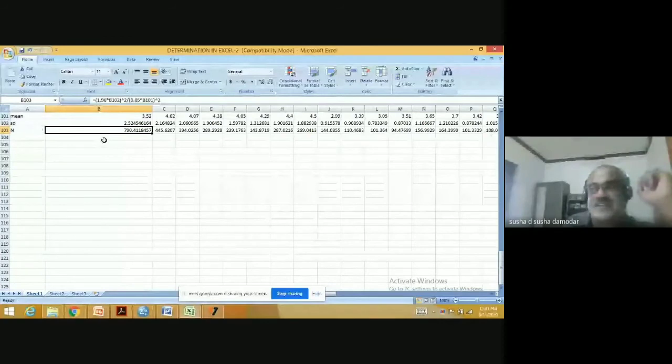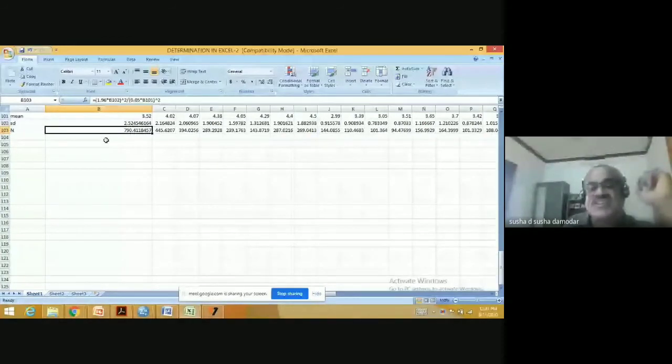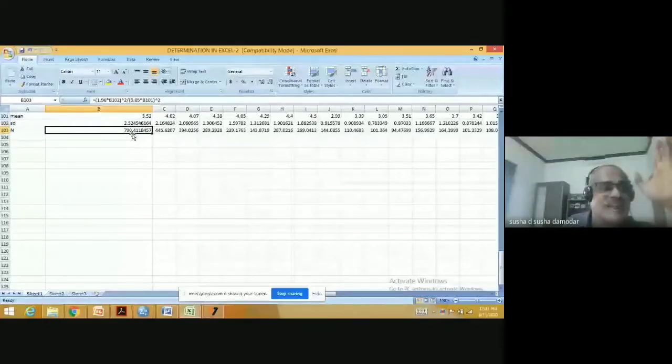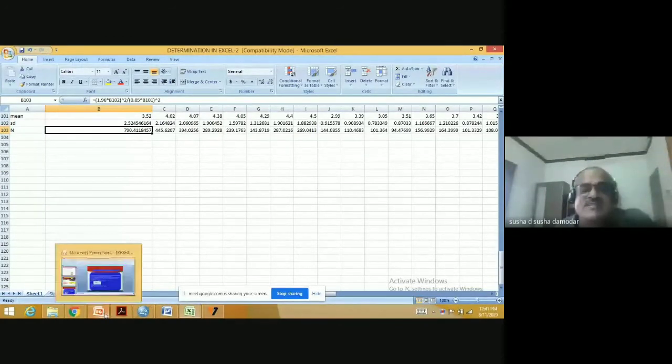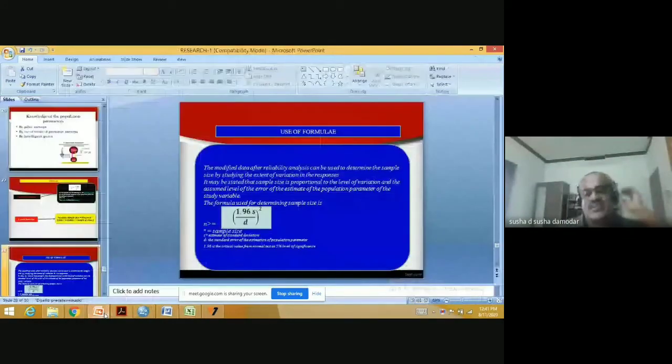Then compare the value of n for all the statements and find out which is the maximum. Here the maximum n is 790. Therefore, the minimum sample size will be 790. Our optimum sample size will be 790. So this is the way in which we can determine the optimum sample size statistically.